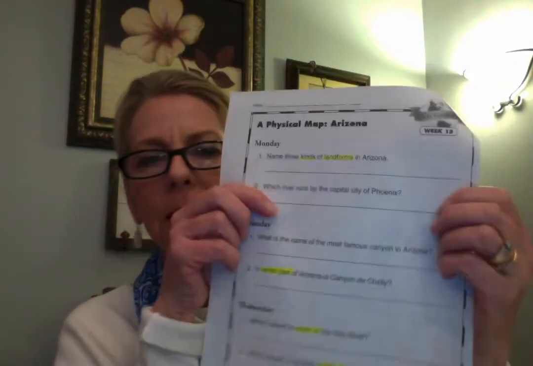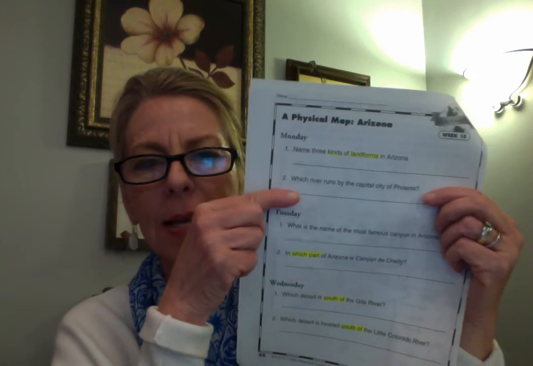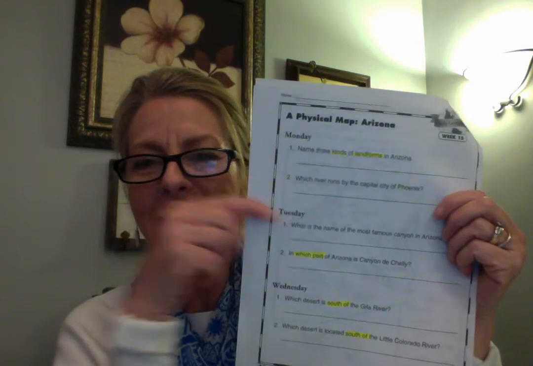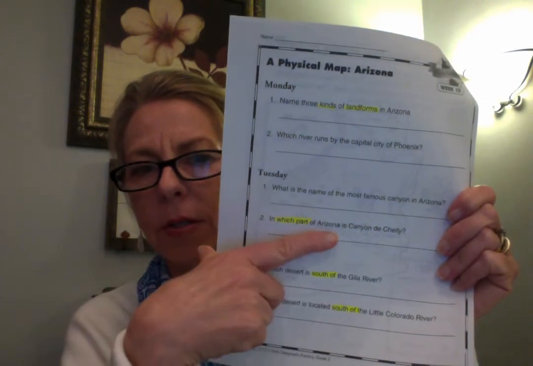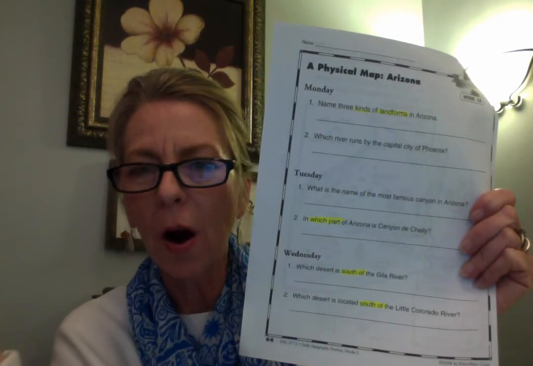Now this is not asking what the capital city is. It's saying which river runs by the capital city of Phoenix. So you're going to have to look at Phoenix and find the closest river and write the name of the river. Okay. Let's see. When it says in which part of Arizona, okay, which part of Arizona?